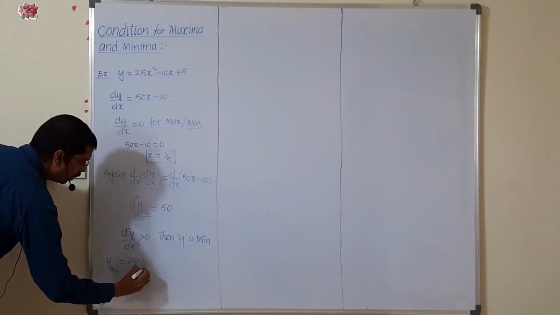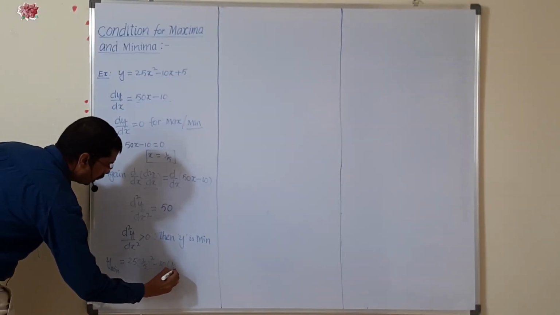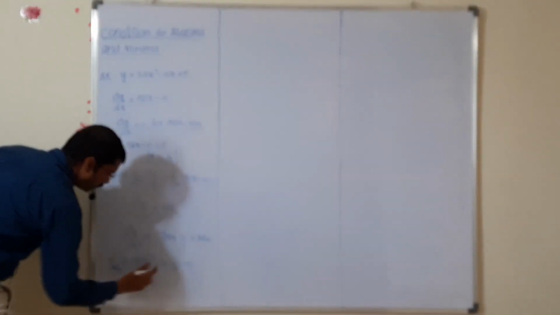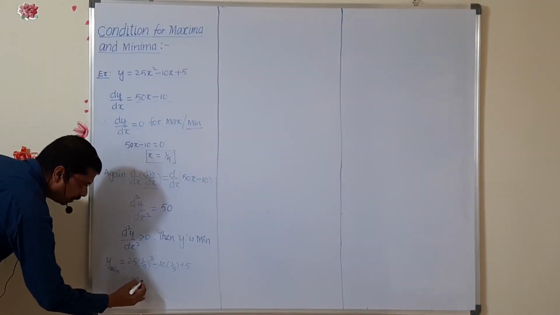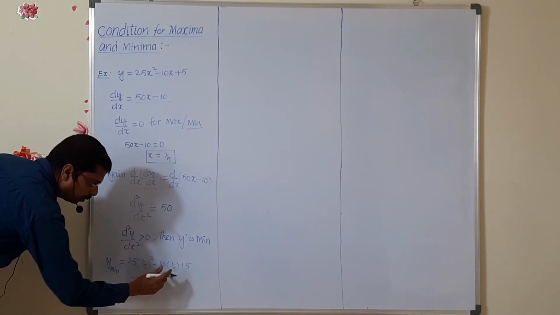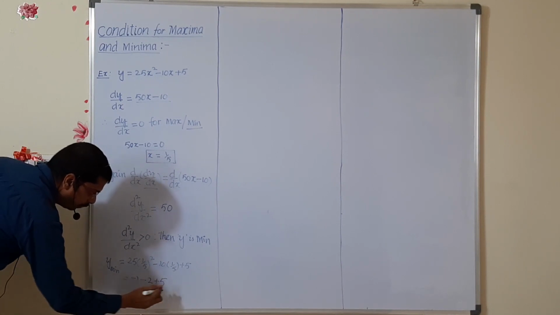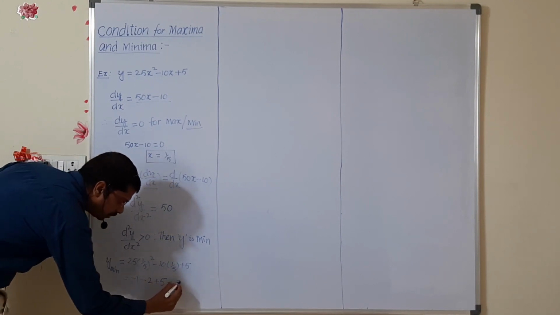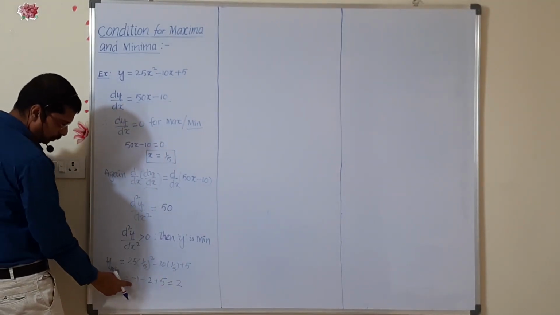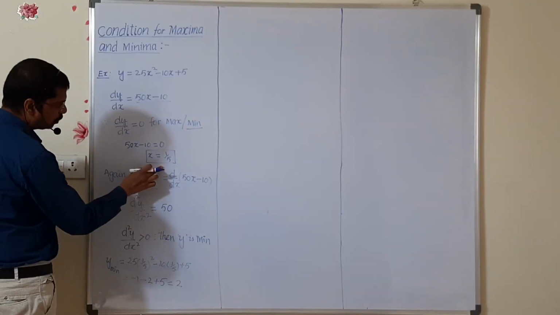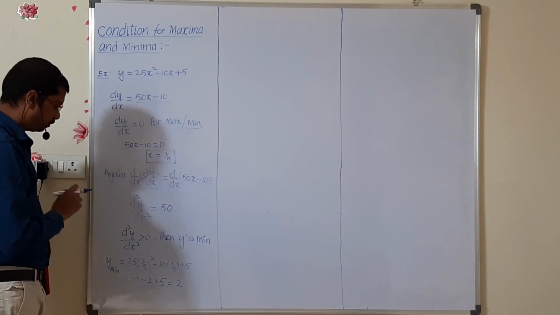25 times (1 by 5) whole square minus 10 times 1 by 5 plus 5. This is 1 by 25, 25 times that is 1, here 10 times gives 2, so 1 minus 2 plus 5. Here we are getting y equals 4.